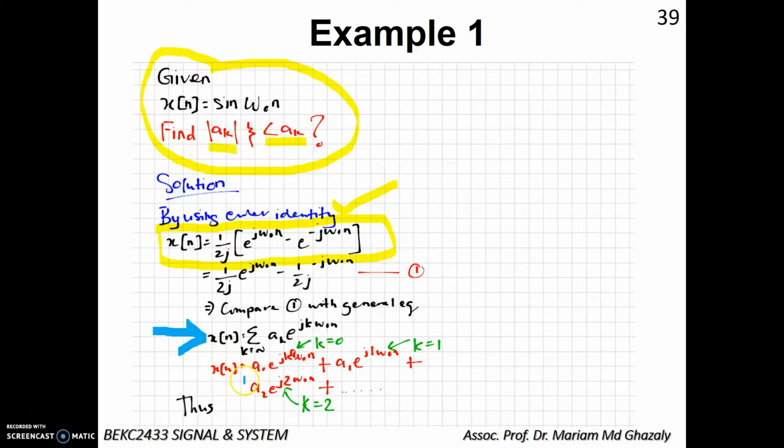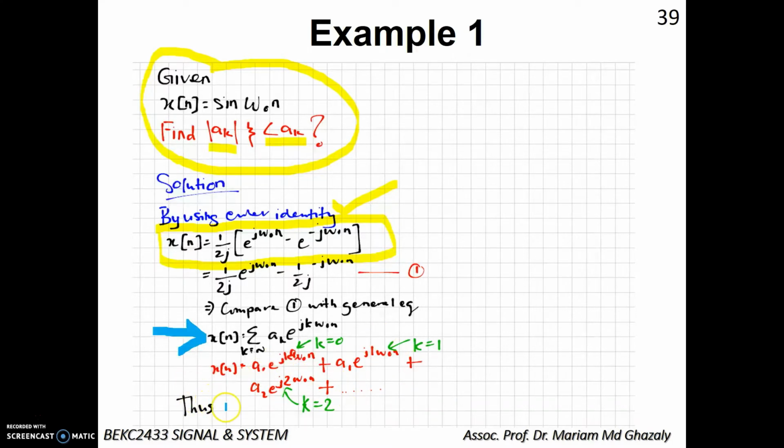So you get a_0 e^{j 0 omega n} plus a_1, which is k equal to 1, e^{j 1 omega n}, plus a_2, which is for k equal to 2, e^{j 2 omega n}, plus until infinity. So you will get roughly about this signal.